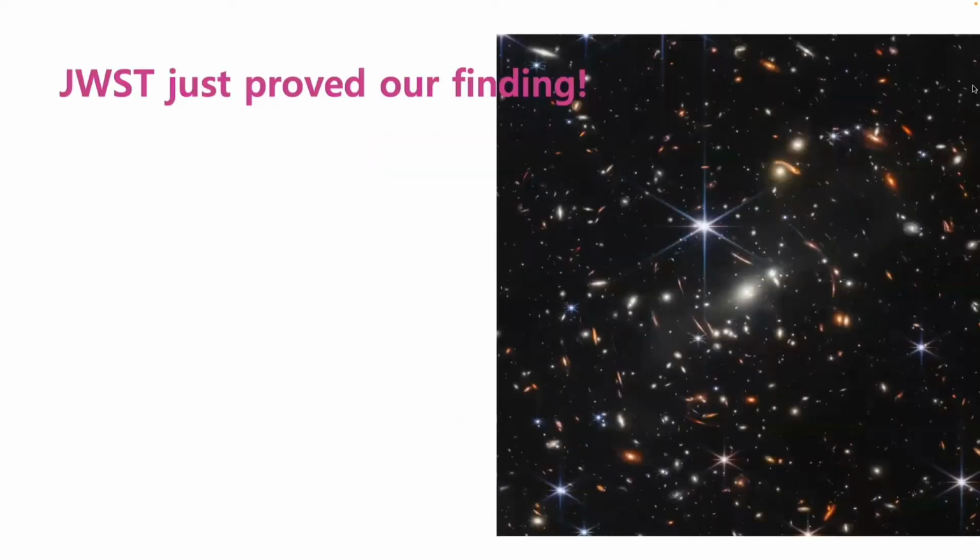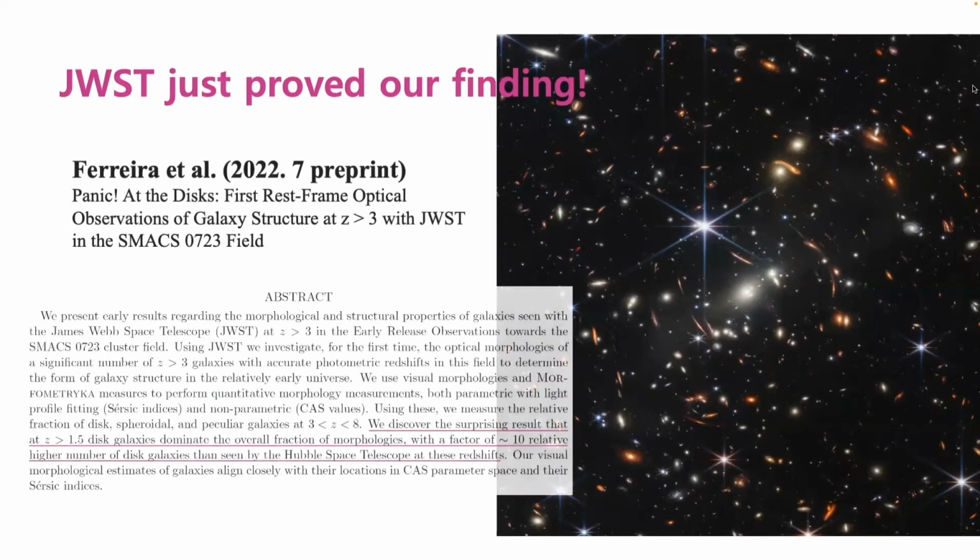Well, this is all high redshift. There was great news from JWST just a few months ago, proving our results. There was a preprint we received 2 months ago by Ferreira.